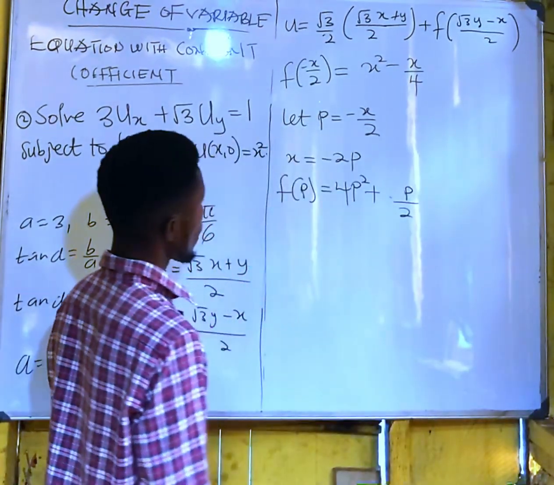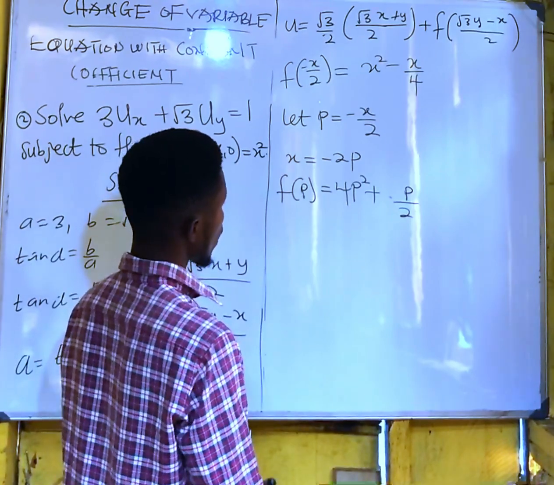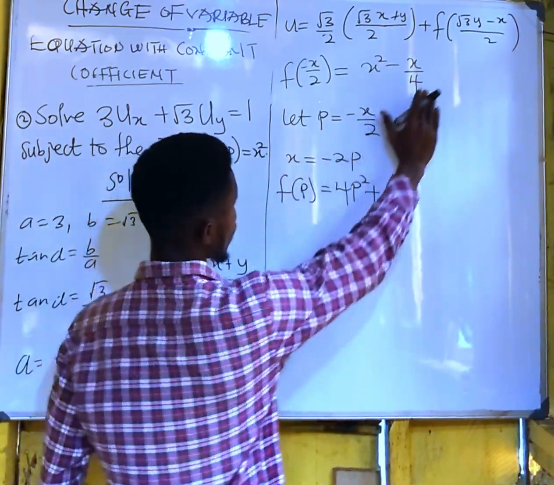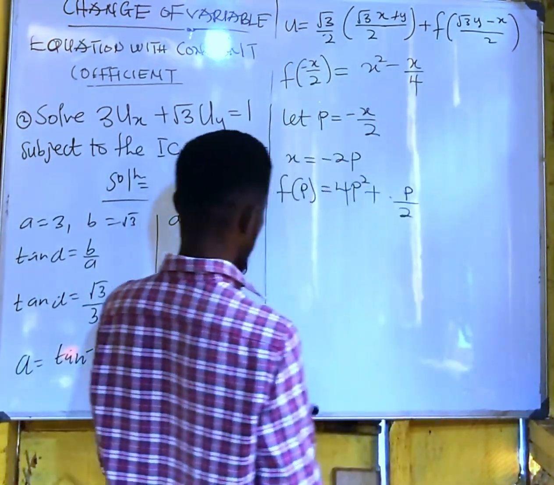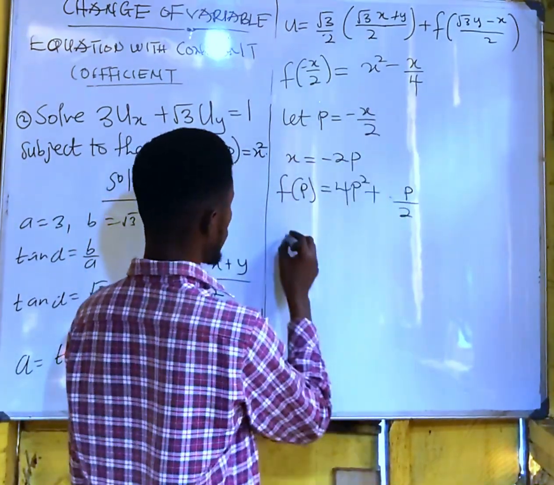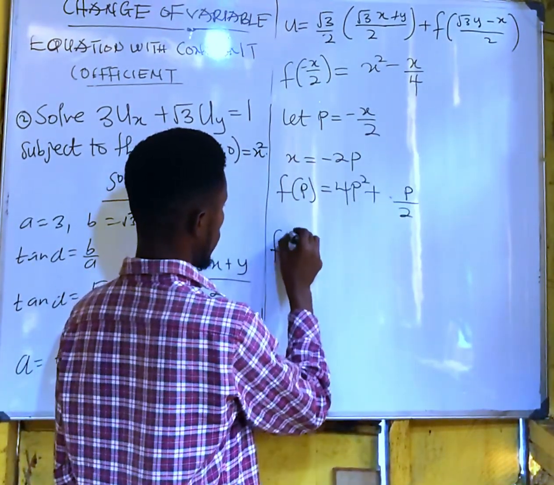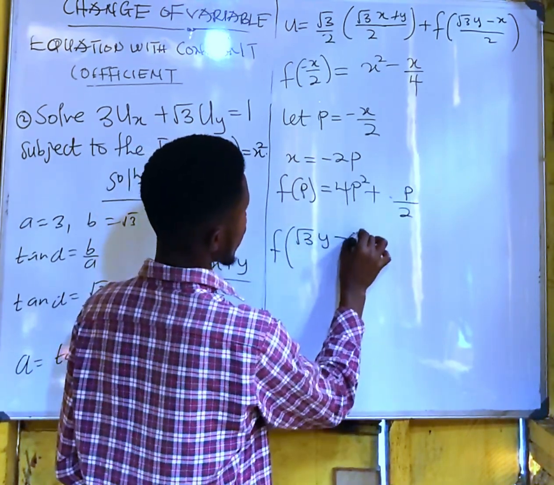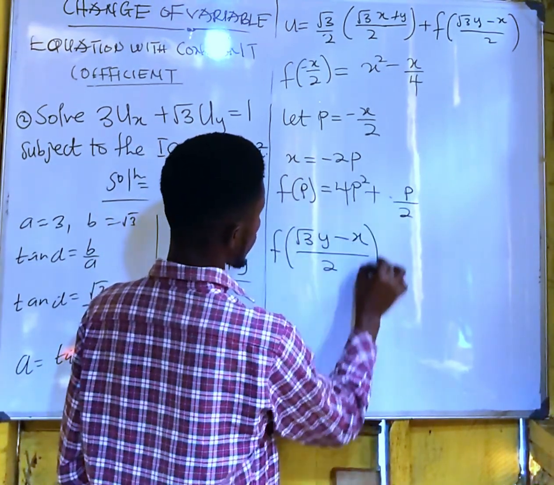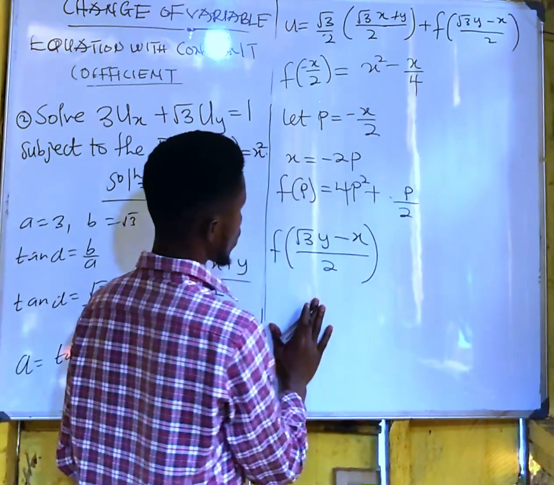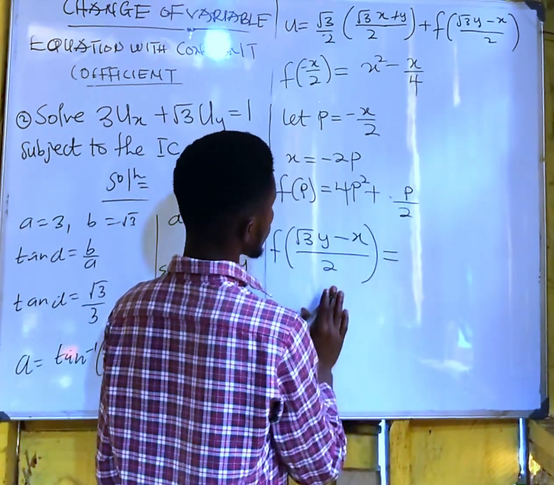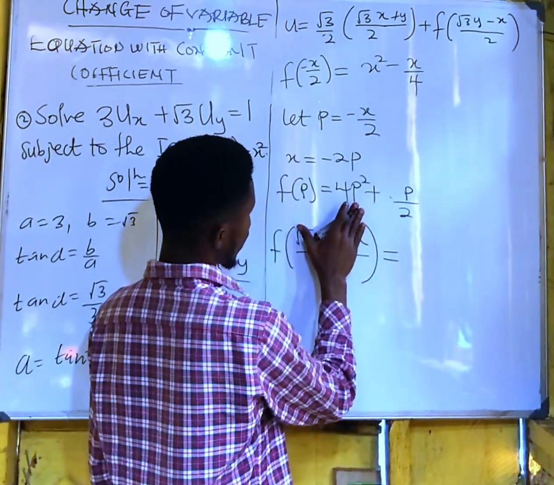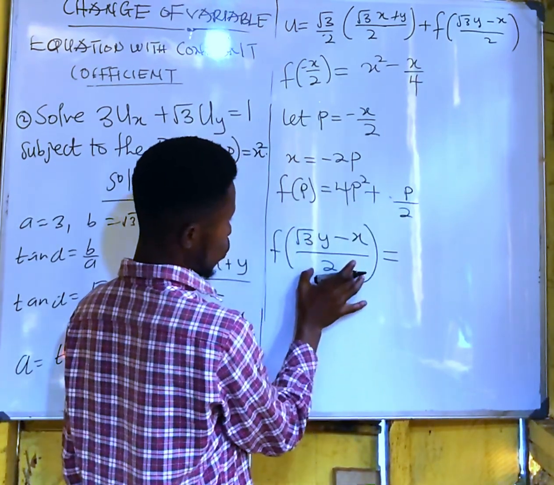So now that I have this, I'll come back to this place. That f there, that's what we want to remove. So we have f bracket open root of 3y minus x all divided by 2. Is that all right? Then I equate this one. It means that when I come to this place, wherever I see p, I'm now putting the whole of this there.